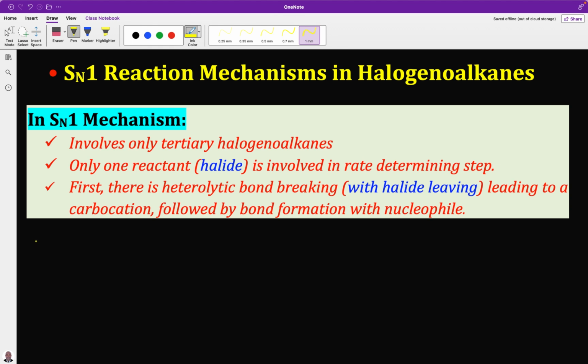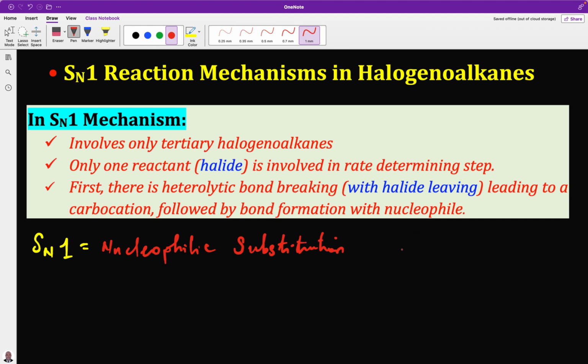So when we say SN1, we are referring to nucleophilic substitution unimolecular.